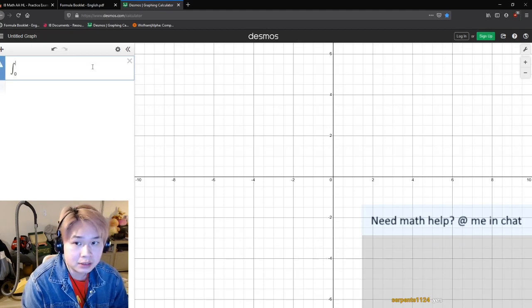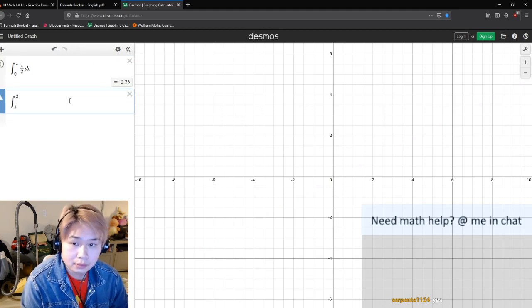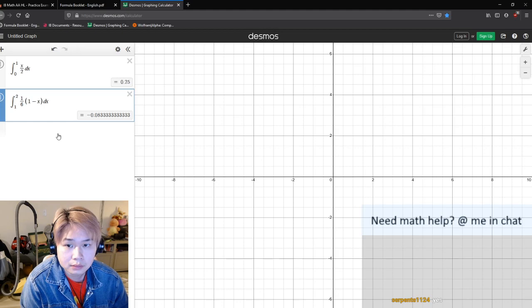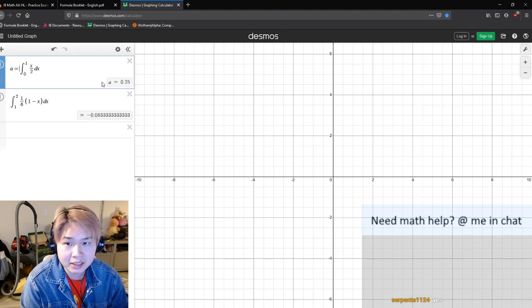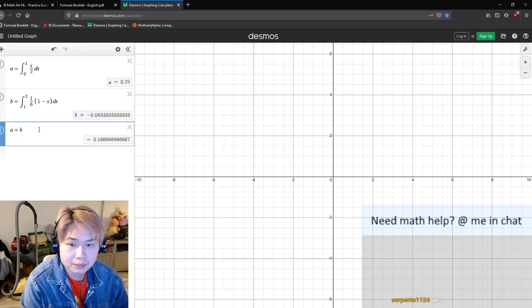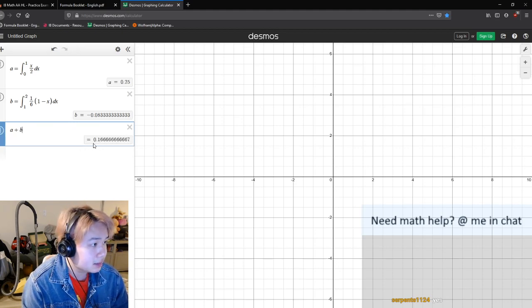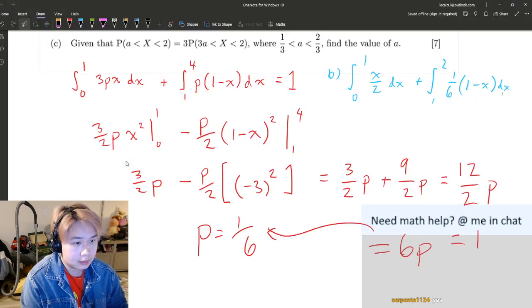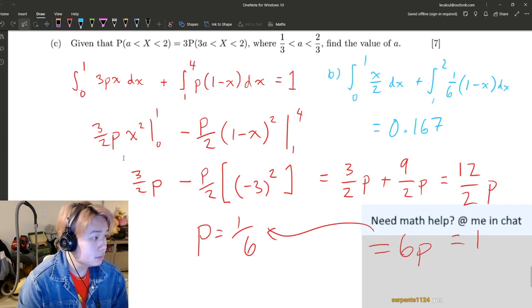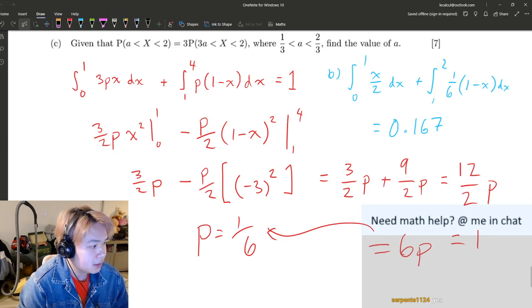So the integral from 0 to 1 of x over 2 dx, and then I guess I'll call this A, and I'll call this answer B, and then A plus B. So this is 0.167. Sure, let's go with that.